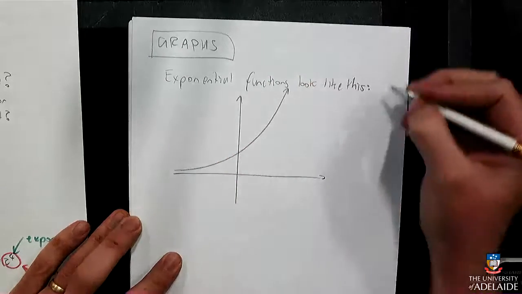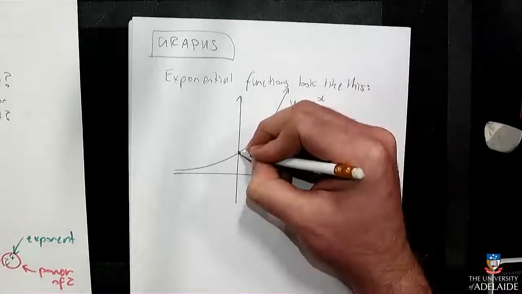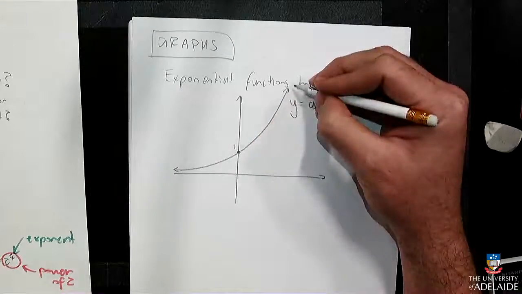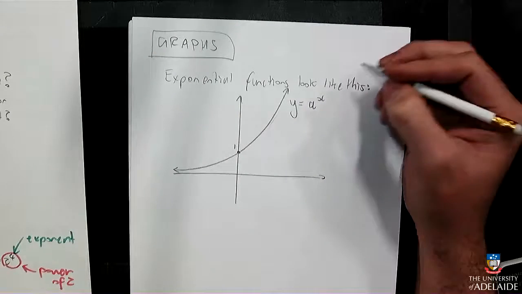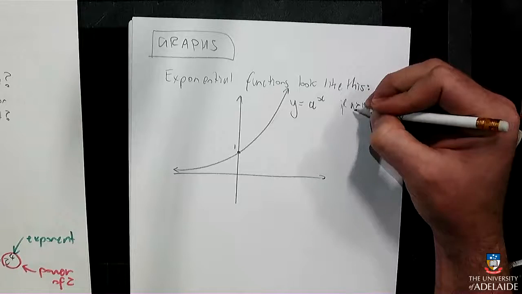Like that. So if this was y equals a to the x, then this point would be 1. And it would be going very fast on this side and very gently down on this side. This is if the a is greater than 1.